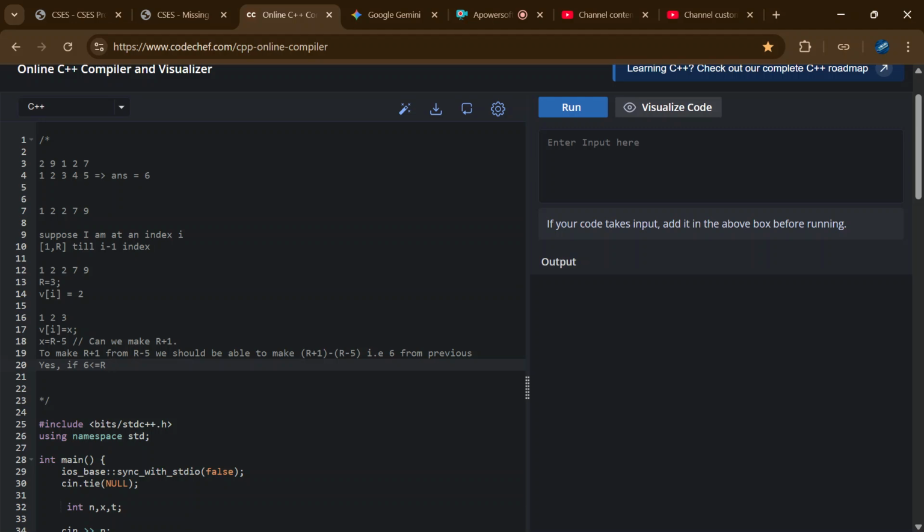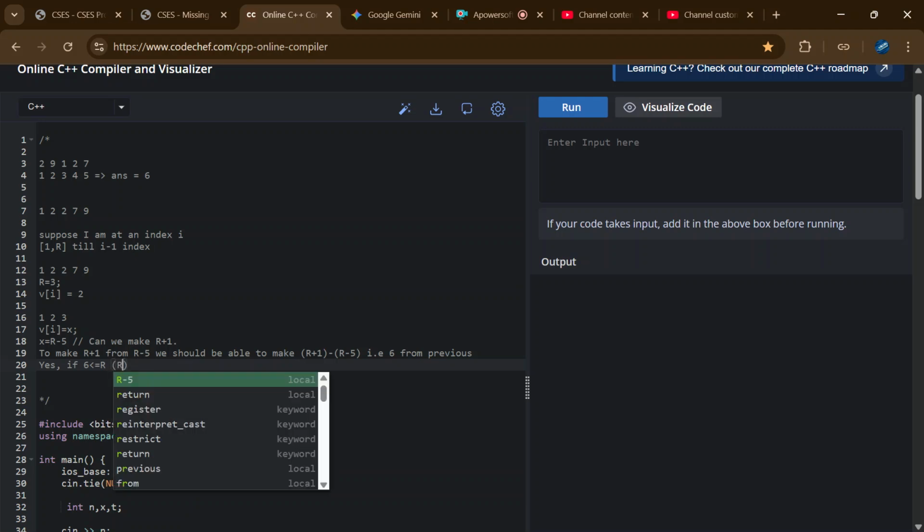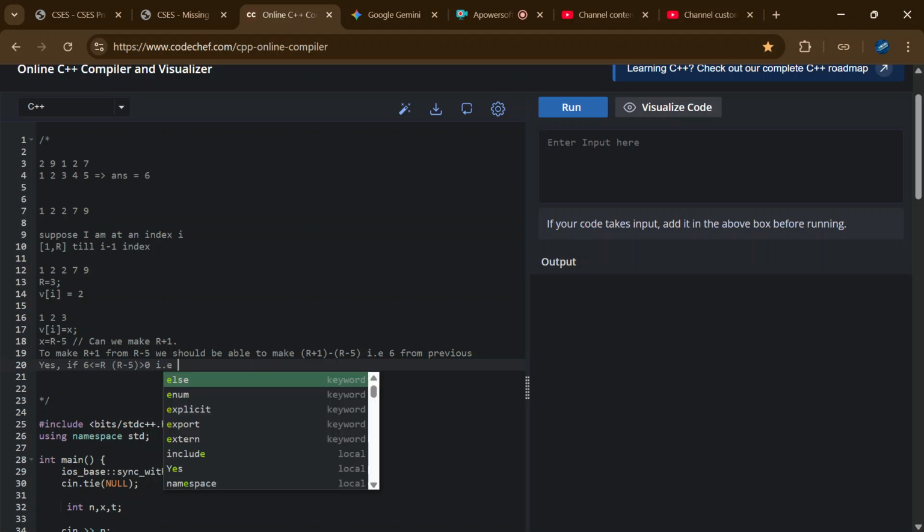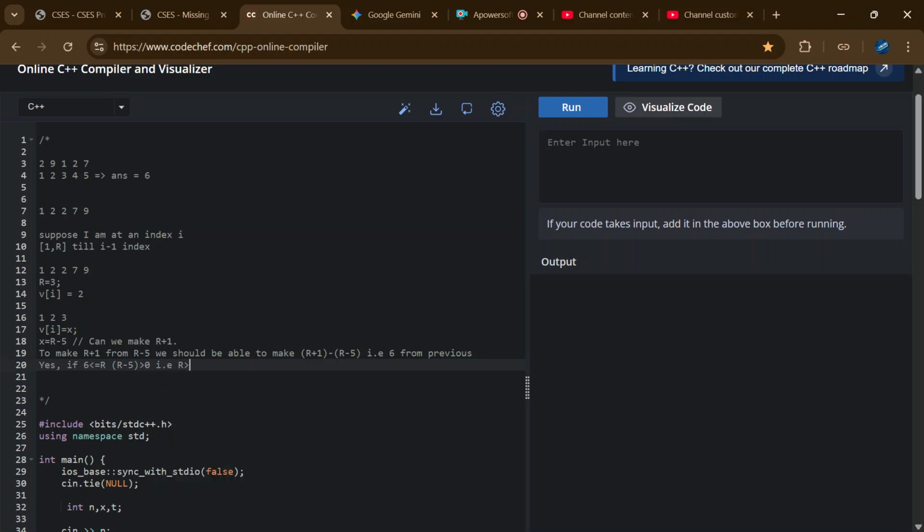And how can we prove that? Why, if 6 is less than or equal to r, can we make 6? We have to prove that r is greater than or equal to 6. Since r minus 5 is greater than 0, that means r is greater than 5, which implies r is greater than or equal to 6.